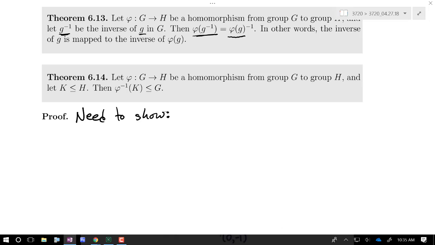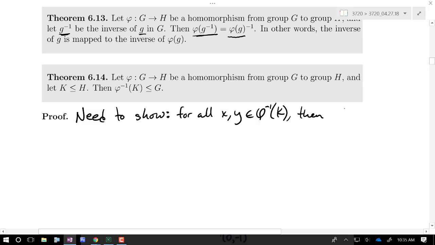What we need to show is that for all x, y in the preimage of K, x times y inverse is in the preimage of K. So we've got these couple of elements, x and y, in the preimage of K. Let's start there.